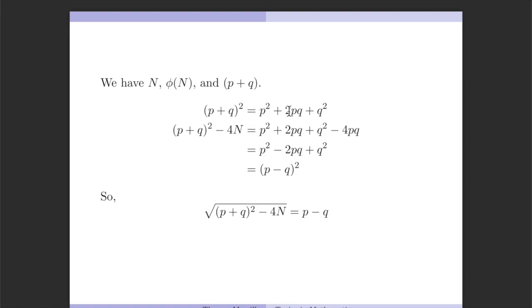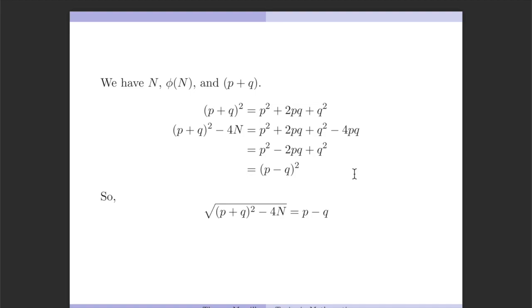I'm going to take this number and subtract 4n from it. I can do that. I know what number n is. I know n factors as p times q. So subtracting 4n is subtracting 4 times p times q. Then I can cancel some terms, and I've got p squared take 2 times pq plus q squared.